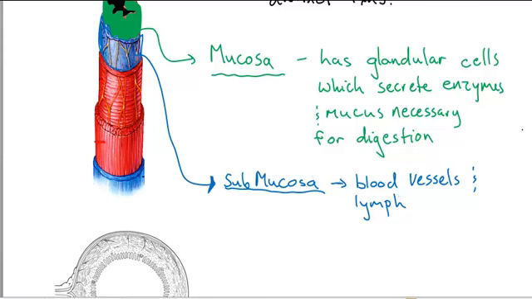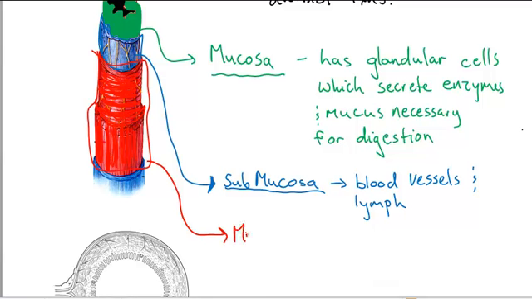The next portion we have, actually, is all of this layer here, but it's almost two layers in one, because this represents rings back and forth going around and around the tract, and then here you have fibers that run lengthwise on the tract, and this is called the muscularis.